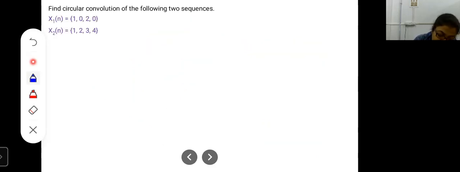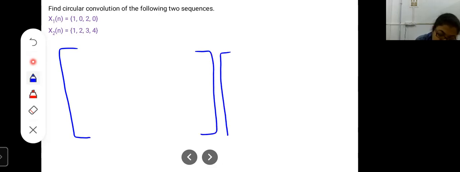Now another easy method is also there, that is the matrix method. The matrix method means here you have to draw one matrix. That matrix represents the circular shift sequence, and here you have to write the x1(n) values. So x1(n) is your 1 0 2 0.